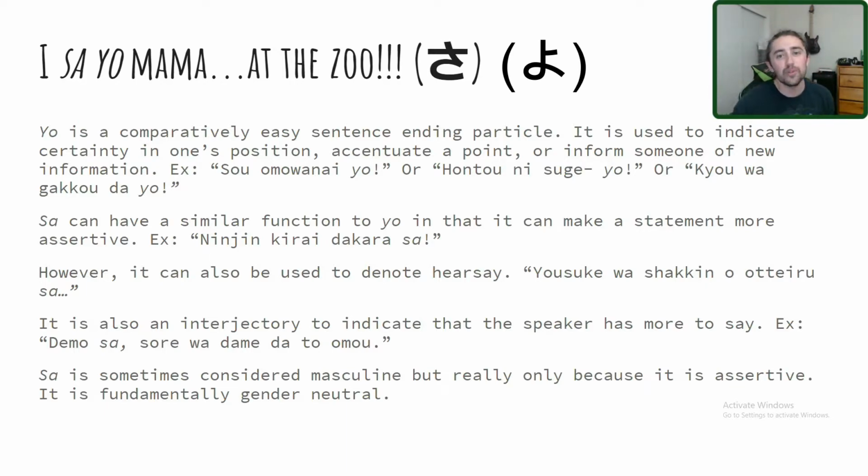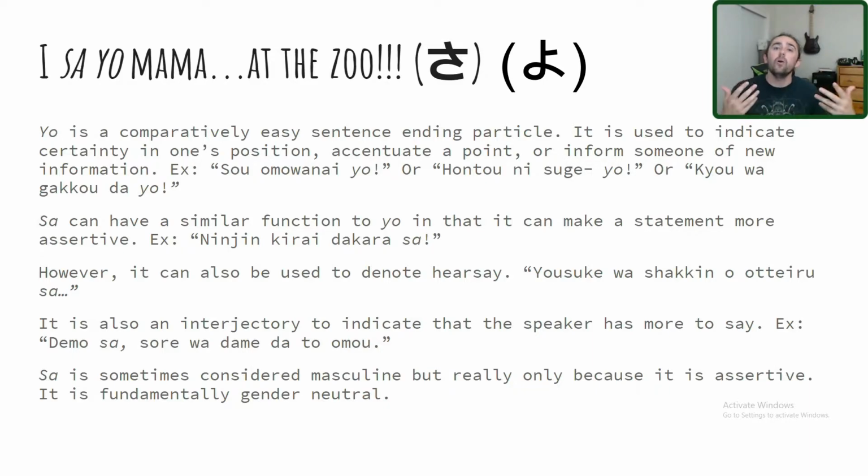So yo is pretty easy, right? It's used to indicate that you are certain in your position, or if you want to accentuate a point or inform someone of new information, then you can use yo. So like with ne, the information is shared between you and the other party, so you're using ne to seek agreement.